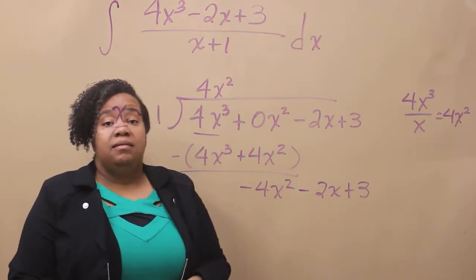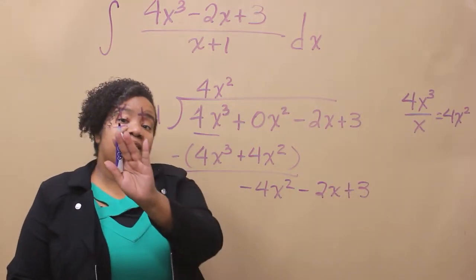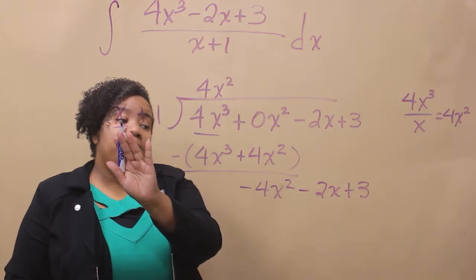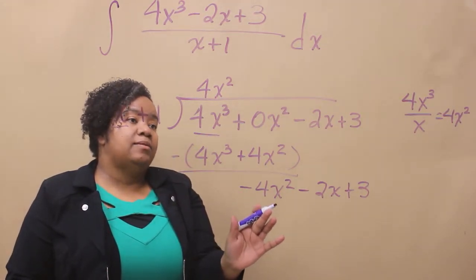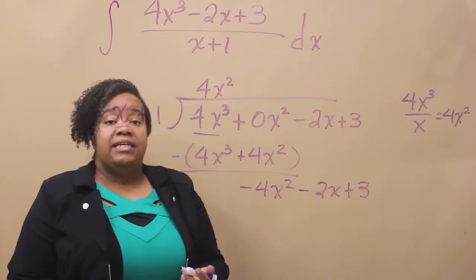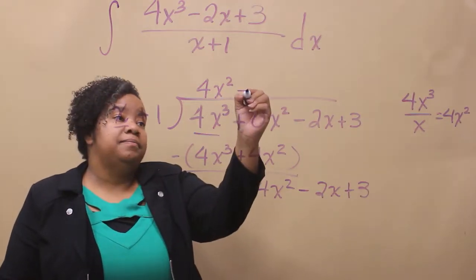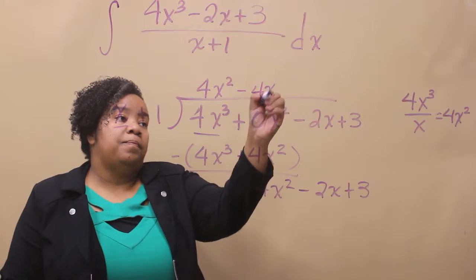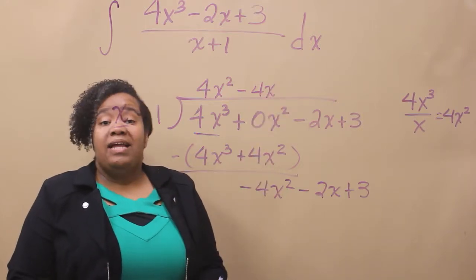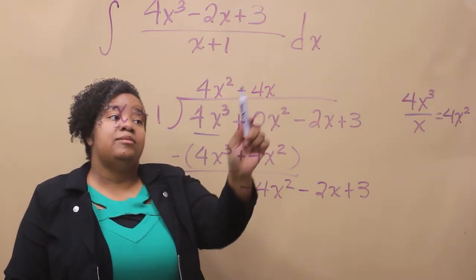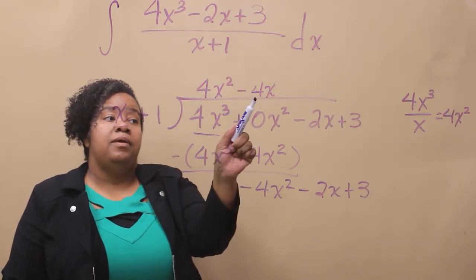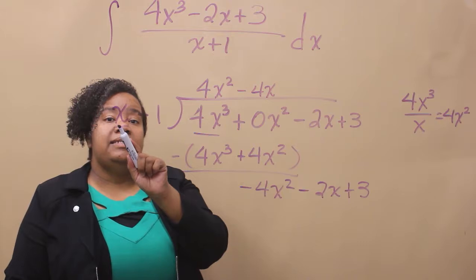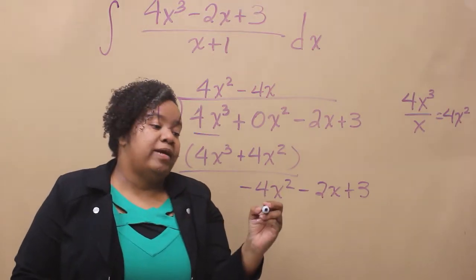And we repeat the process. So now in this line, I can ask, how many times does x go into negative 4x squared? And the answer is negative 4x. And so our next step is to take this term and multiply it by each term in our divisor. So minus 4x times x gives me negative 4x squared.